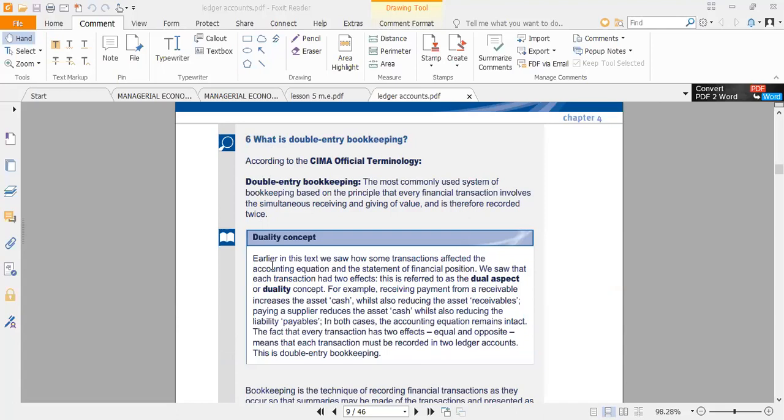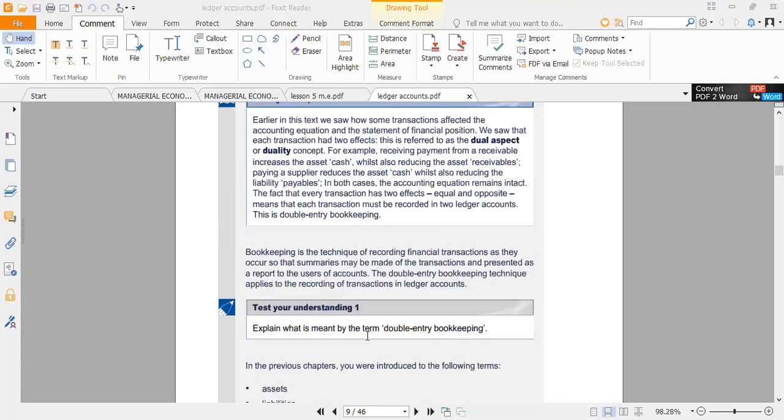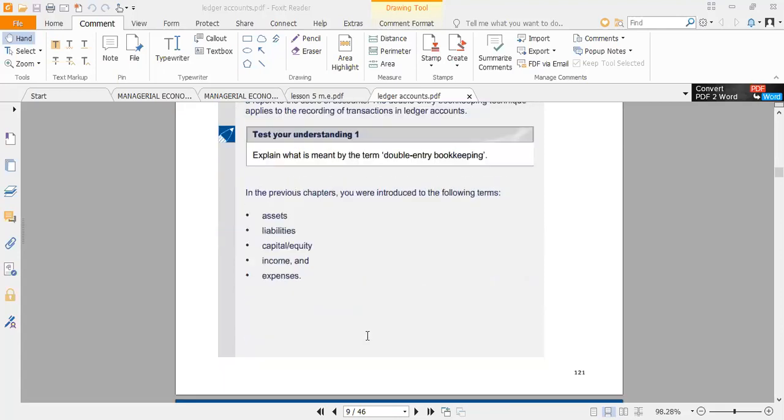There are about 7 to 10 accounting concepts in bookkeeping. And the duality concept is simply one concept which says that all accounts have a dual treatment. It says that if you have a credit entry, there should be a corresponding debit entry somewhere. That is what the duality concept talks about.